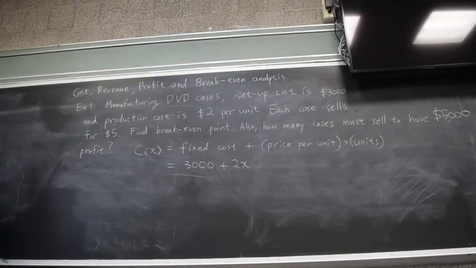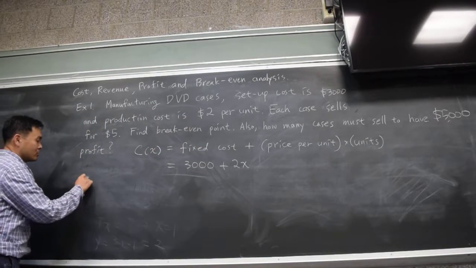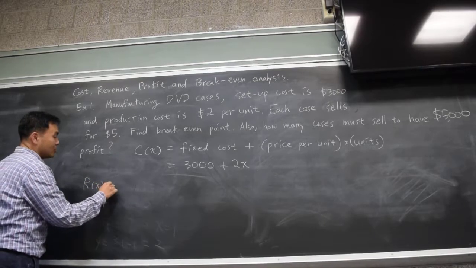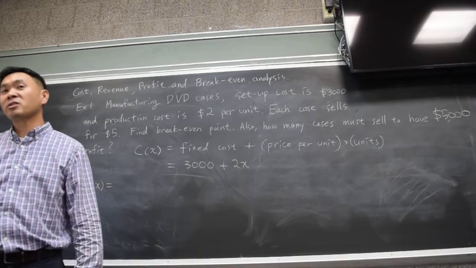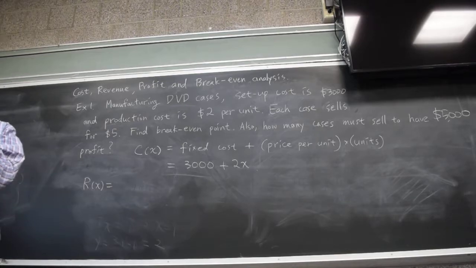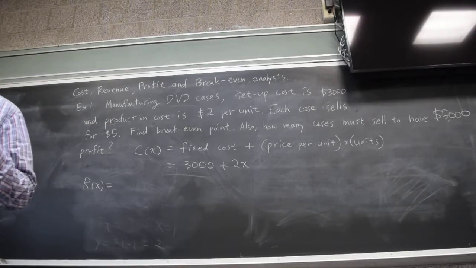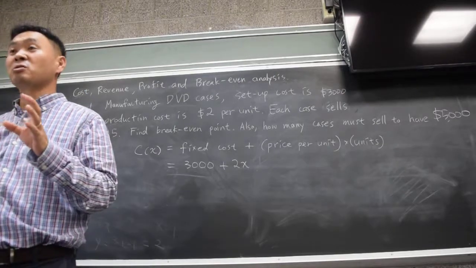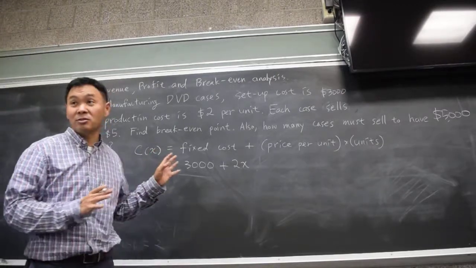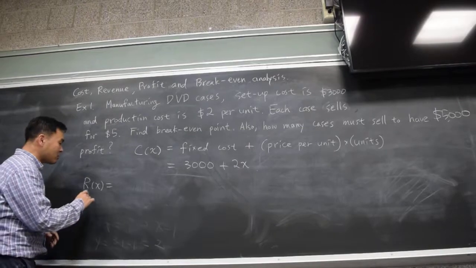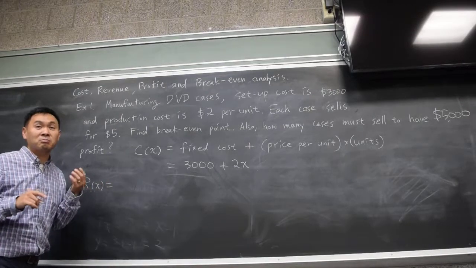Now the revenue. How much revenue are you going to get if you just make one DVD case? Revenue is how much you get. $5. Profit would be the difference between the revenue and your cost. So revenue is just $5 if you make one.